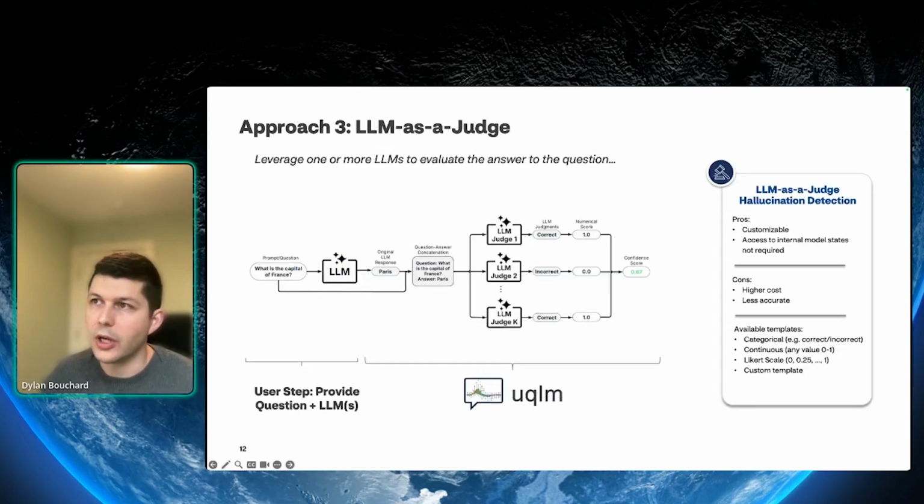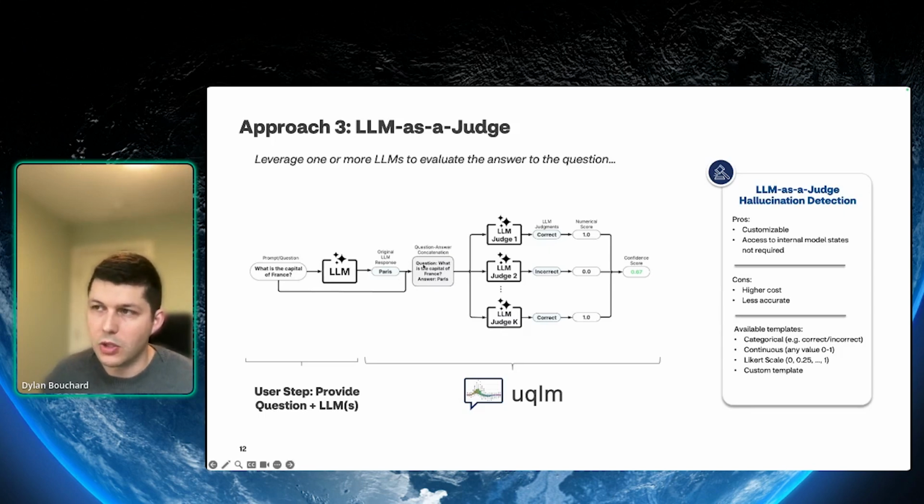Third, we have LLM as a judge. So the idea here is to take a prompt, give it to our original LLM, take the generated response from our original LLM, and then concatenate the question response pair.